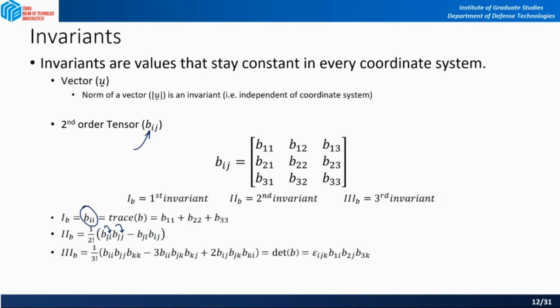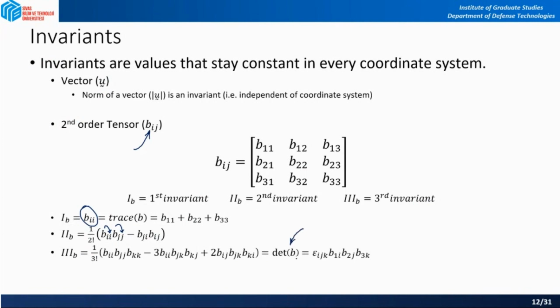It means that you have to do summation. So you will start with 1 1 from i and 1 1 from j, and you will write it. And the third invariant is defined by 1 over 3 factorial times this term inside the parentheses, which is actually nothing but the determinant of the B matrix.